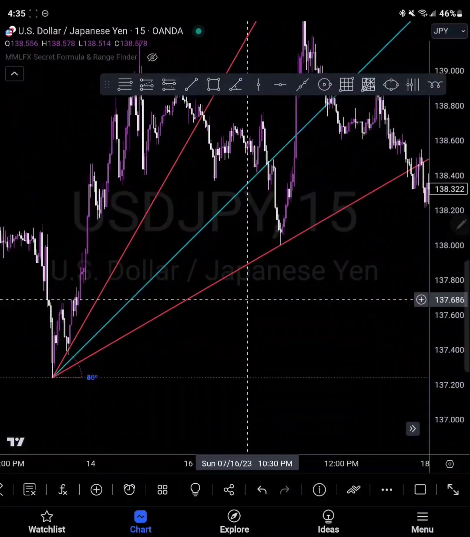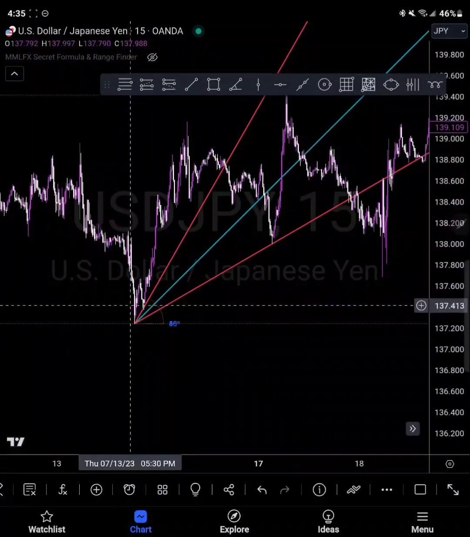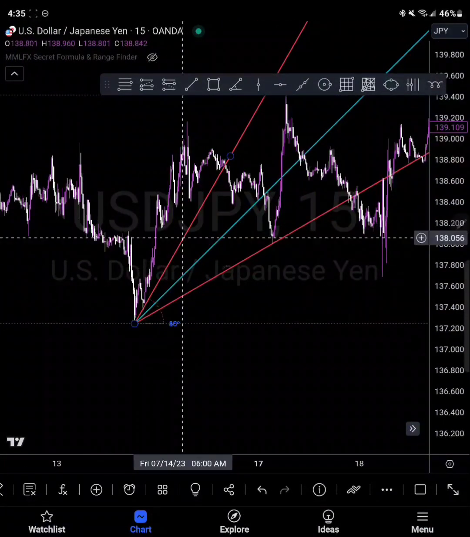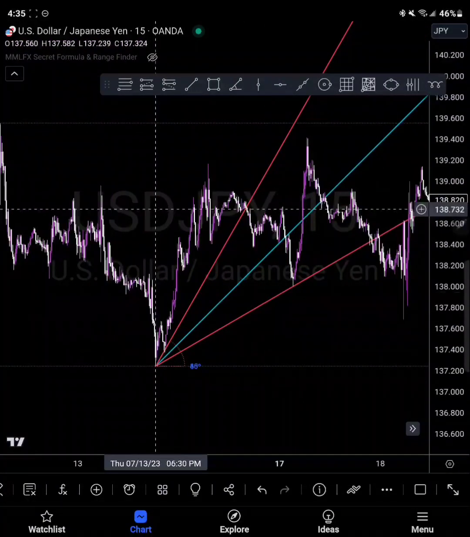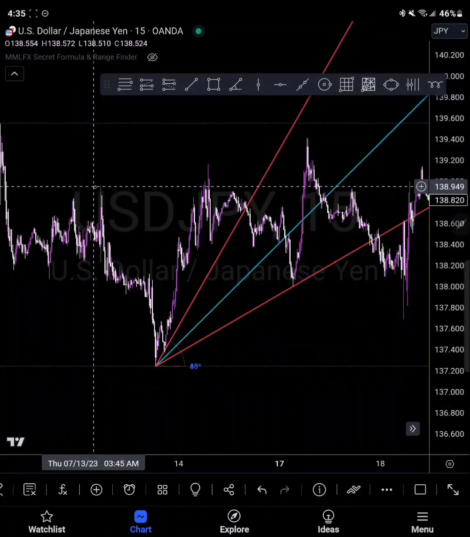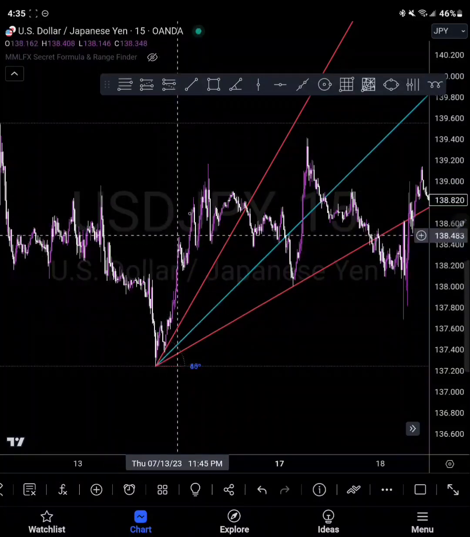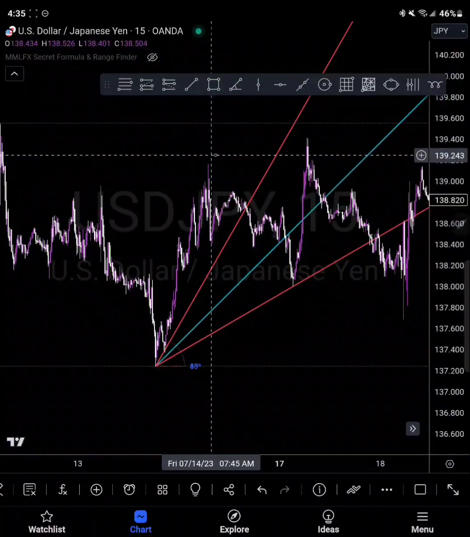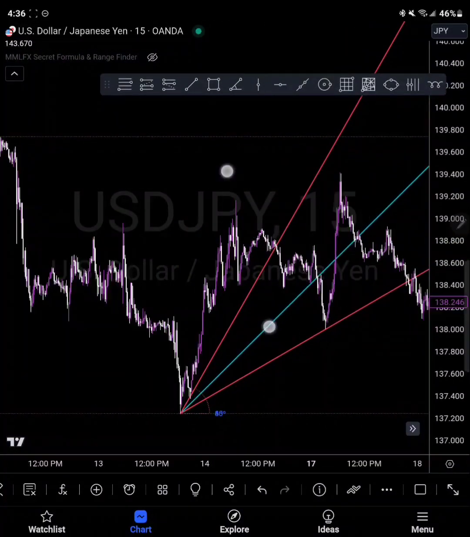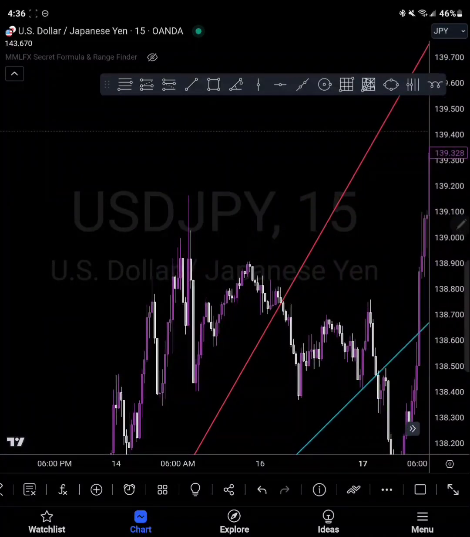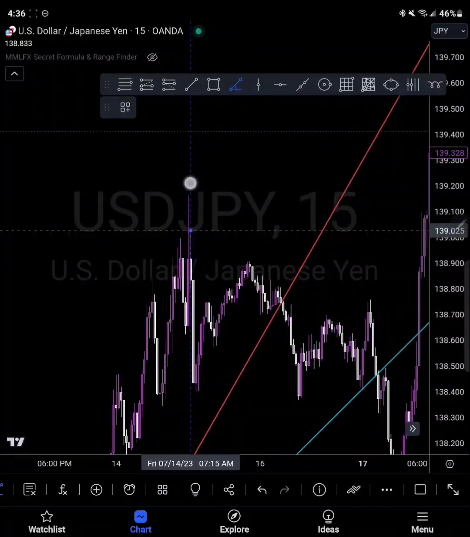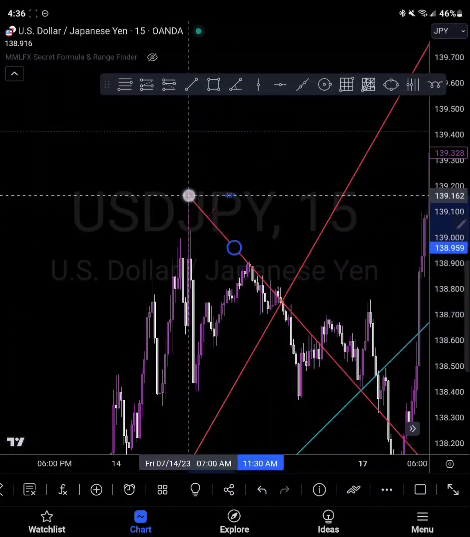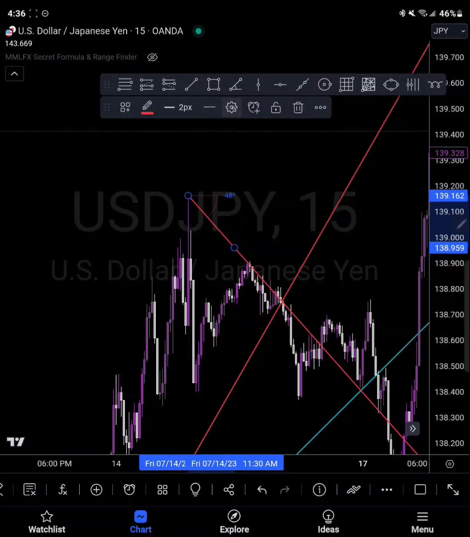Okay, these 3 angles, once you draw them off of a low, you want to find the first high. And by first high, I mean the first high that breaks the previous high, like the first big push of that movement. Okay, and it's right here. So we're going to do the same thing, except we're going to draw these angles going downward.